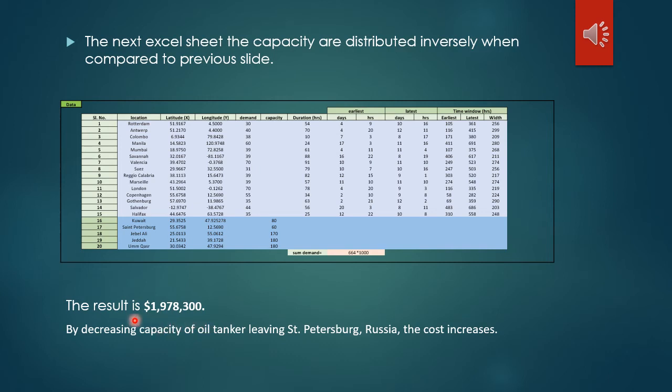$1.97 million. Thus, we can say that when Russia decided to cut off or reduce its oil supply to the rest of the world, the price rose significantly because the cost associated with the supply chain of petroleum product increased. Obviously, the price increase depends upon other political and economic reasons, but from a supply chain point of view, this increase in cost was inevitable.